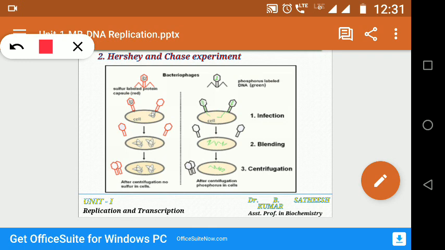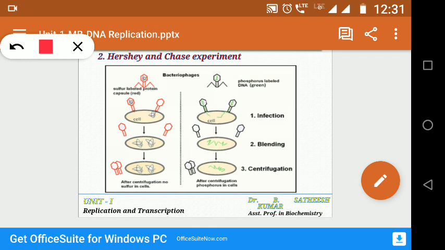So they wanted to find out which one is essential for the life cycle of the virus, whether the protein coat is the essential molecule or the nucleic acids, which one is the genetic material for the life cycle or production of several virions from the bacteriophages.